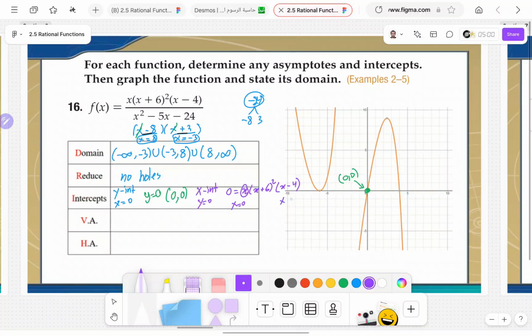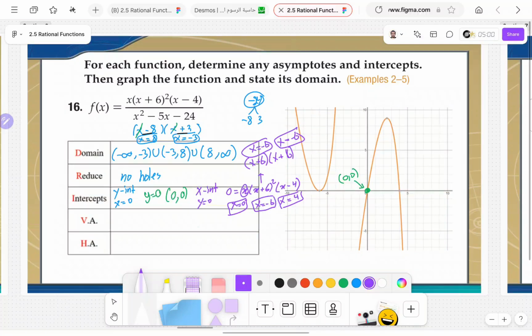The second zero is x equal to positive 4. Now how about x plus 6 squared? It means this bracket is repeated twice, x plus 6 and x plus 6. So if I need to find the zero, the first zero is x equal to negative 6, and the other zero is also x equal to negative 6. So it's a repeated zero, so you don't have to take both of them, just take one. So the third zero is x equal to negative 6.